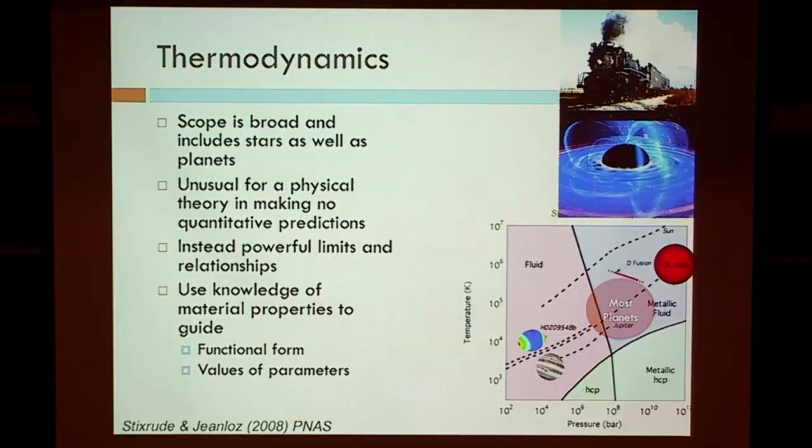And the sources of information that we've used are experiment and first principles theory. And what we've used these for is to guide two things: the functional form that governs the relationship among the various thermodynamic properties, and the values of the particular parameters, volume, bulk modulus, etc.